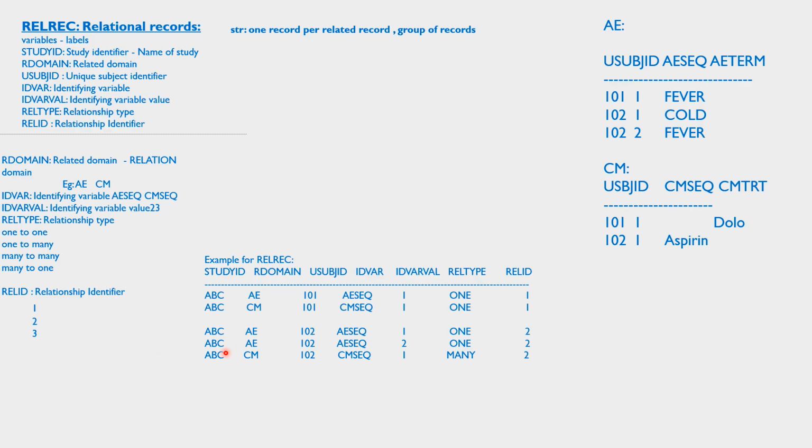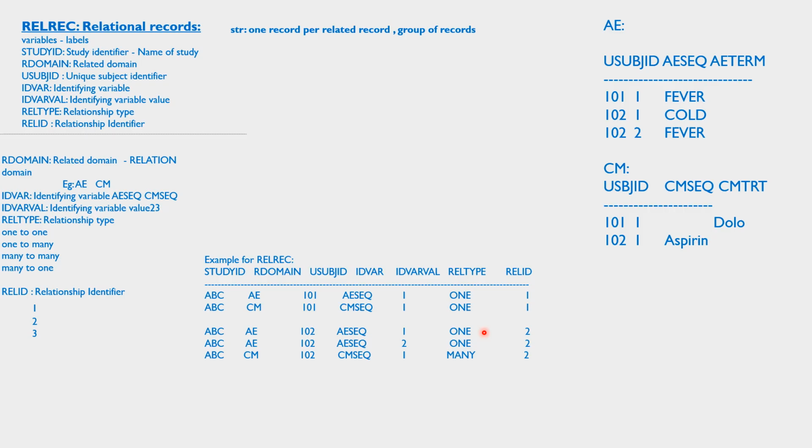Now here, see, this is a group of records. Subject 102 got cold and fever, so the AESEQ values will be 1 and 2. The same subject took medication, so the CMSEQ value will be 1.